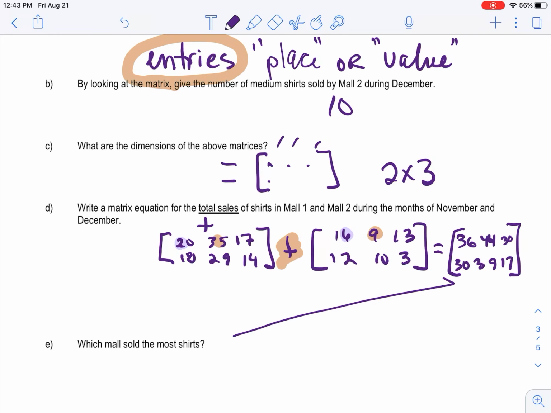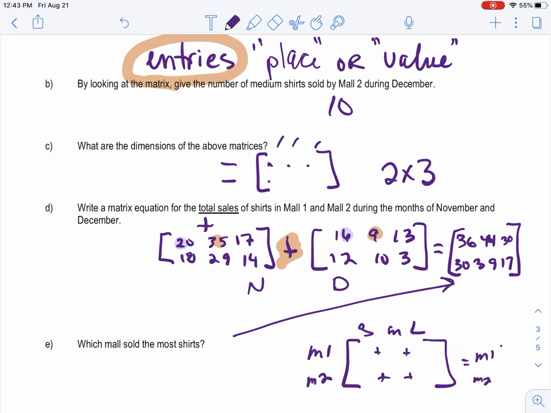Okay, which mall sold more shirts? So if this is their total sales for November and December, if we put the units back on these, I have Mall 1, Mall 2, small, medium, large. That's what would be on this matrix up here. Which one sold the most shirts? Then I would have to add the small, medium, and large for Mall 1 and Mall 2, so then we could figure out your total number.